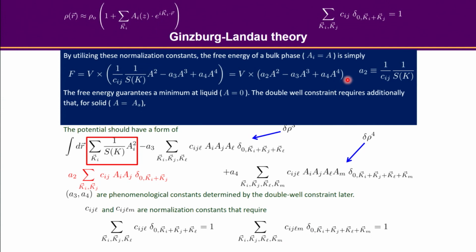I only have the other two constraints to be fulfilled, which are at the solid side. At the solid amplitude, it has to be a minimum, and its free energy also has to equal 0, because the two minima should have the same height. That's my double-well potential I'm trying to construct. So two constraints and two variables to solve, A3 and A4.